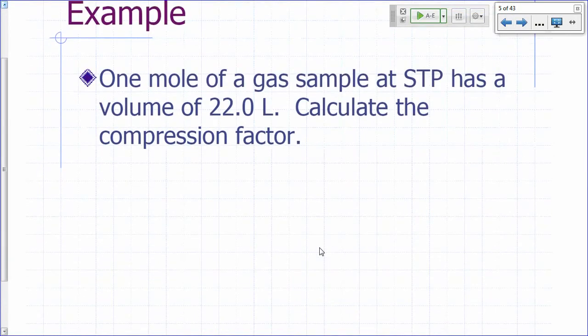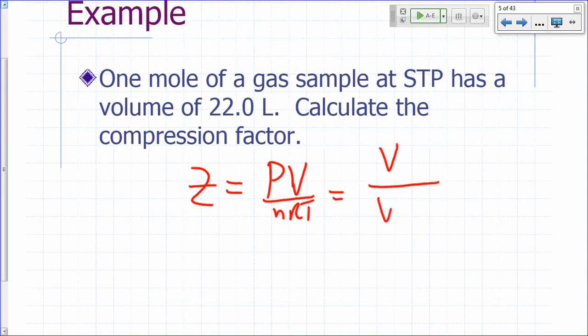So let's illustrate that. 1 mole of a gas sample at STP has a molar volume of 22.0 liters. What's the compression factor? What's my Z? It's equal to PV over nRT, right? Or it's equal to volume over volume ideal.